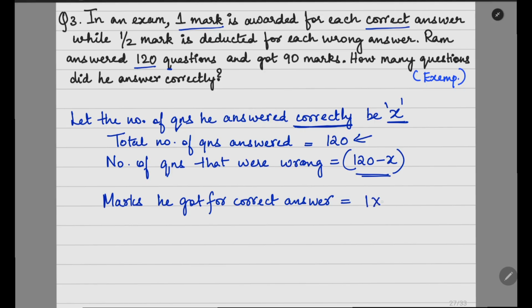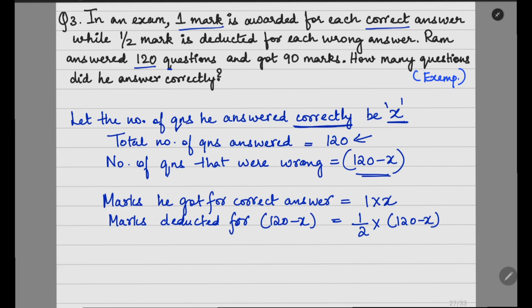So 1 into the total answers that were correct, which is X. And then the marks deducted. For how many was it wrong? 120 minus X. Half a mark was deducted for every wrong question. So 120 minus X is the number of wrong questions.